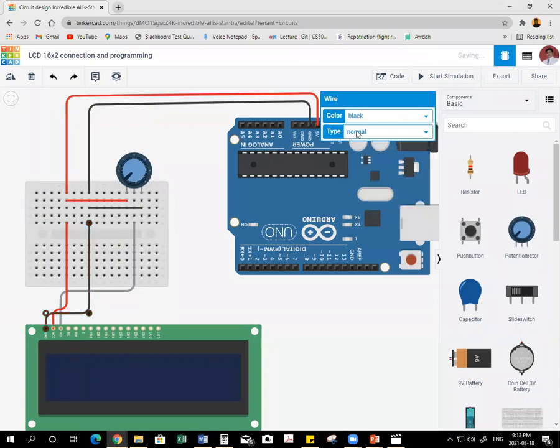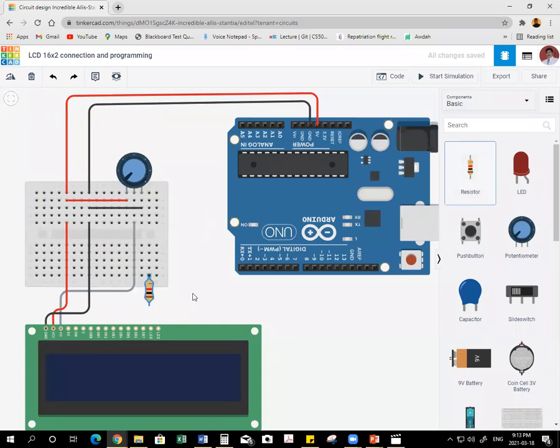Black, no, red, no, black. Okay, next I will take another wire, red, black. Now the main things will be finished.